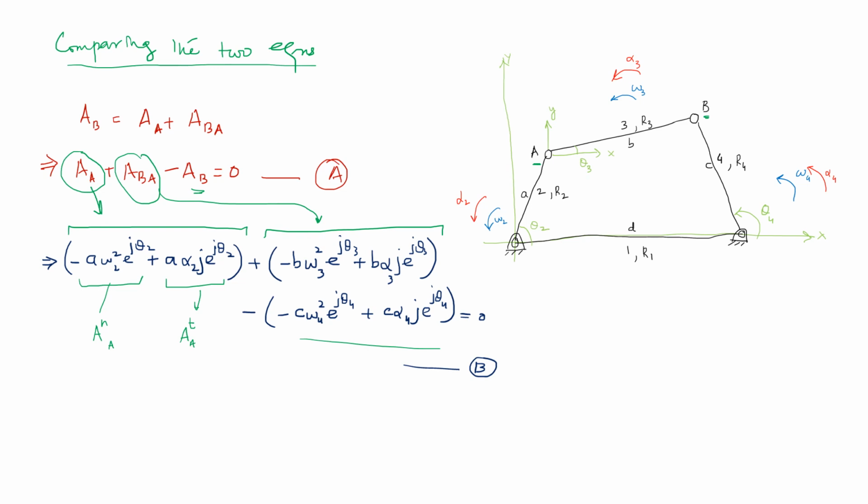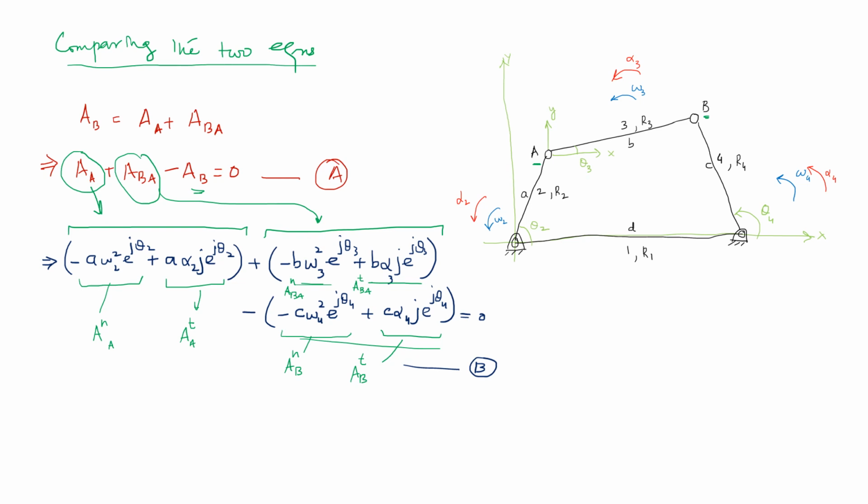And similarly, for these expressions, you can say that this is ABA normal, and this component is ABA tangential. And similarly, over here, you have this component to be AB normal, and this to be AB tangential.